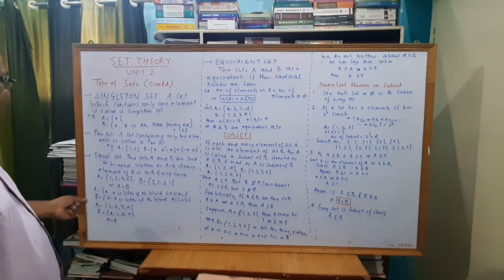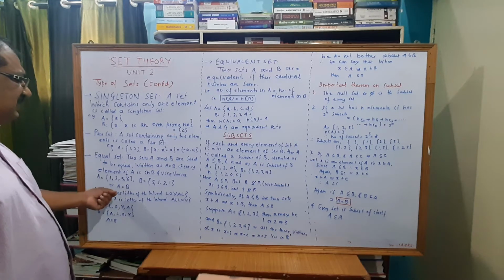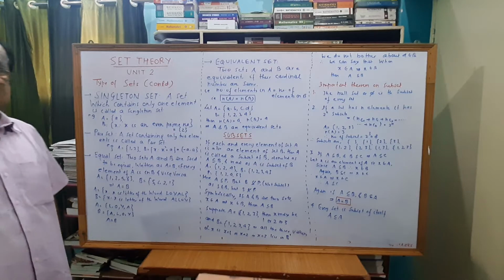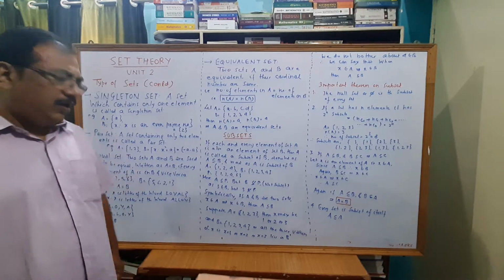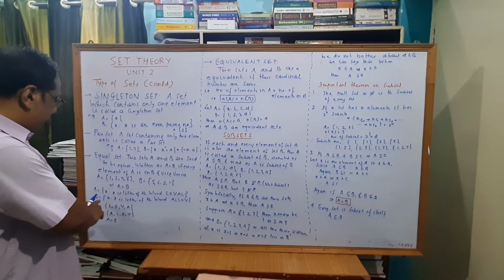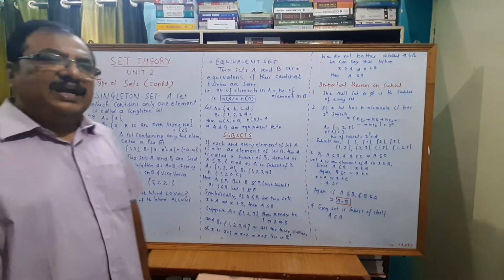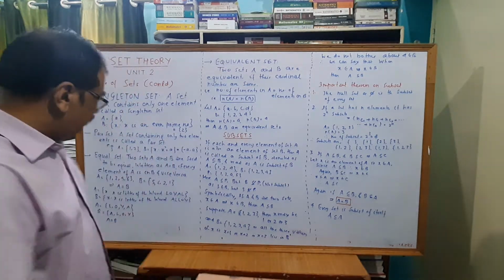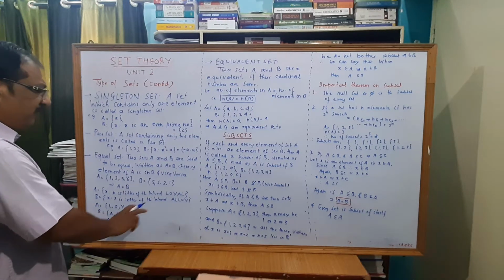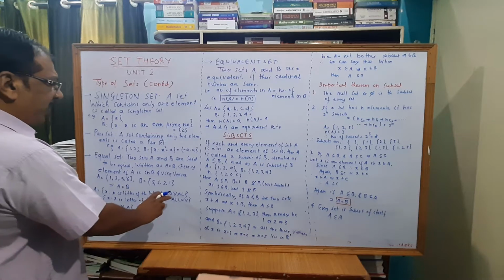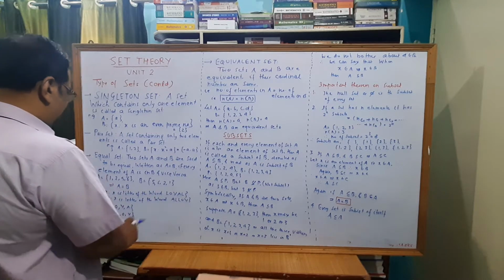Second example: A is the set of all x such that x is a letter of the word loyal. And B is the set of all x such that x is a letter of the word alloy. So here A in tabular form is L, O, Y, A, because L is not repeated.